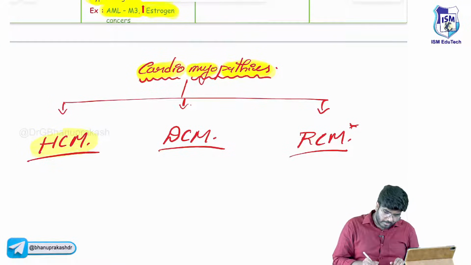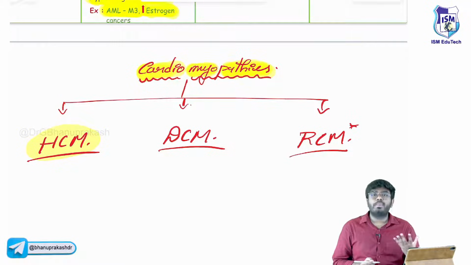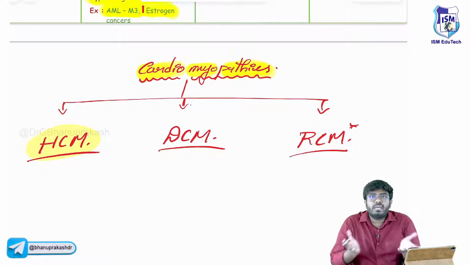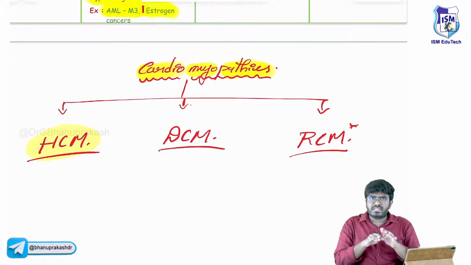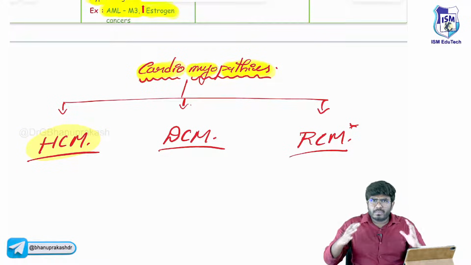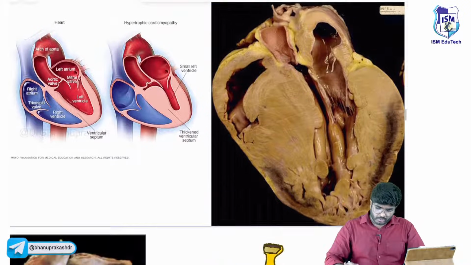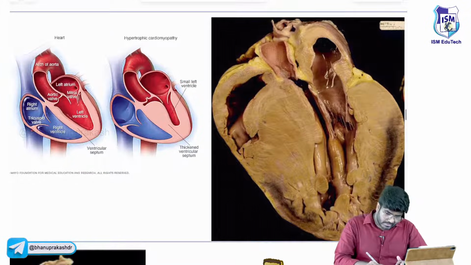Sir, in hypertrophic cardiomyopathy, what exactly is happening? Hypertrophy of the muscle, hypertrophy of the myocardium. The myocardium is becoming bigger. Which myocardium? In the atrium? Even in the atrium muscle cells are there, right? Is the atrium getting hypertrophic? No. Look, you can clearly see here, this is a normal heart.